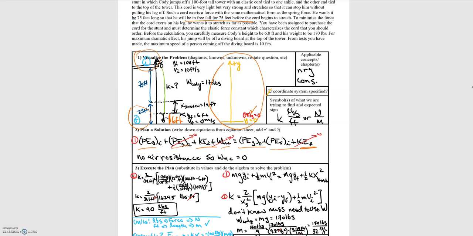The key here is that you're going to have to convert g, 9.8 meters per second squared, into feet per second squared. But we all know how to go from meters to feet, so it's only one conversion if you keep everything in feet.